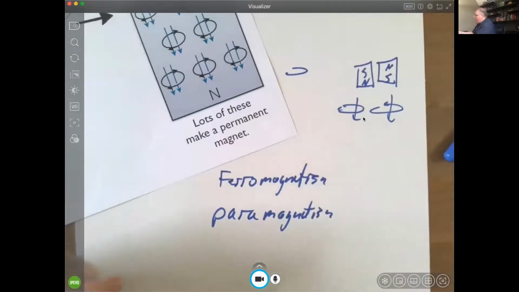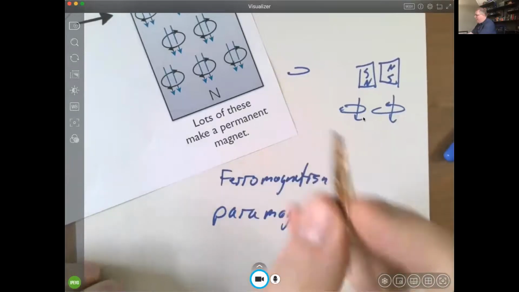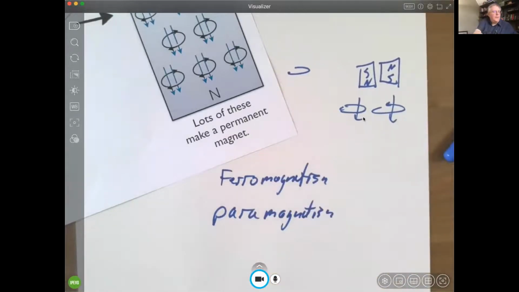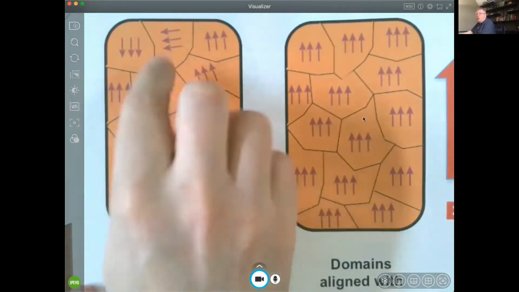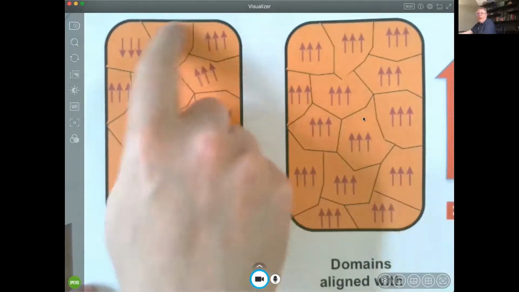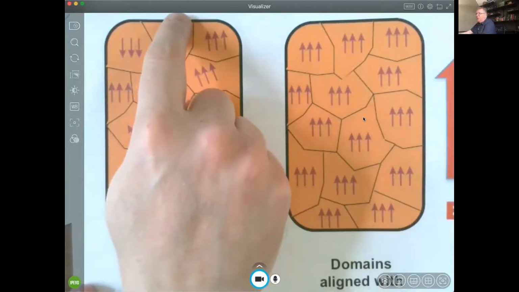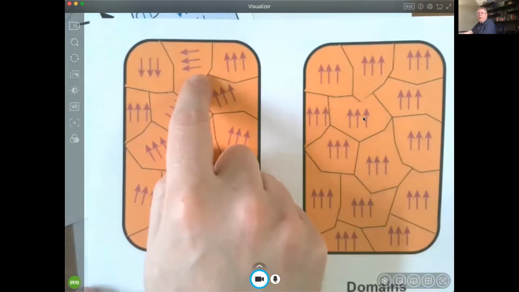And the answer is, in this normal form, it's not a magnet right now. Although the atoms like to line up in the same direction, an ordinary piece of iron looks like this. There's chunks, and these are still microscopic, like hundreds or thousands of atoms in one chunk. I don't know exactly how big they are. In that chunk, all the atoms are pointing in the same direction.